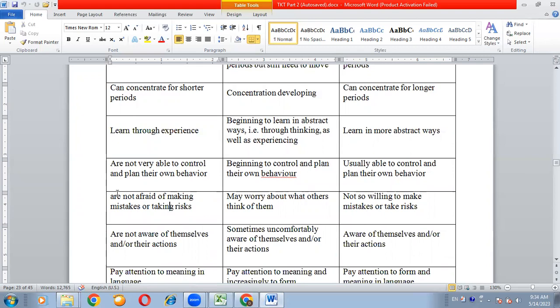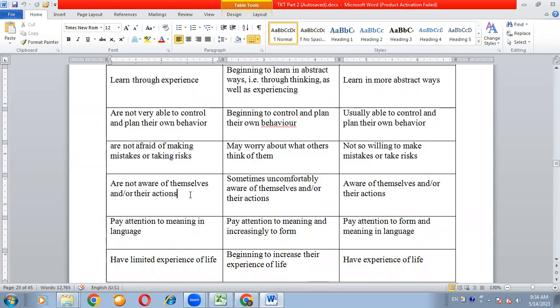Teenagers may worry about what others think of them. Adults are not so willing to make mistakes or take risks. Children are not aware of themselves and their actions. Teenagers are sometimes uncomfortably aware of themselves.